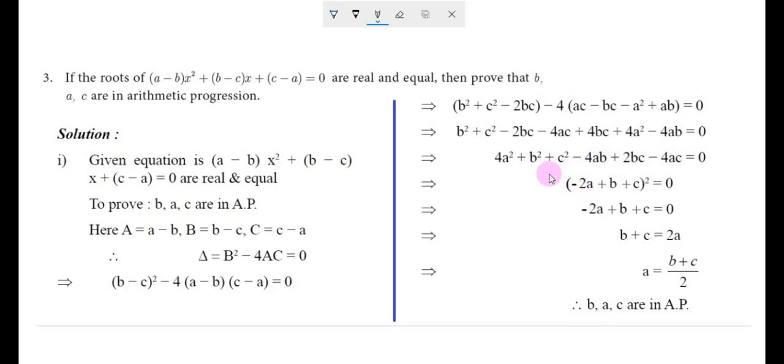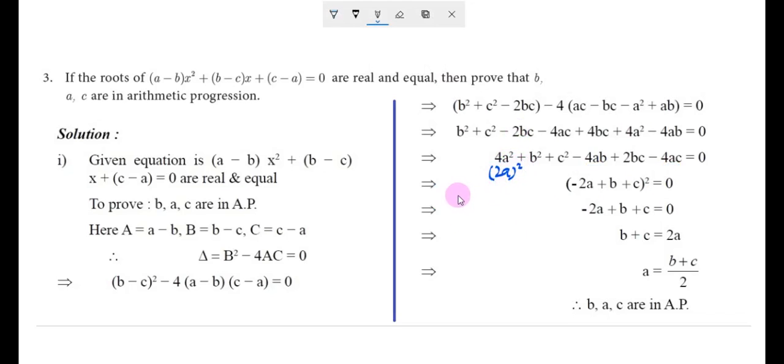Now 4a square means (2a) the whole square.